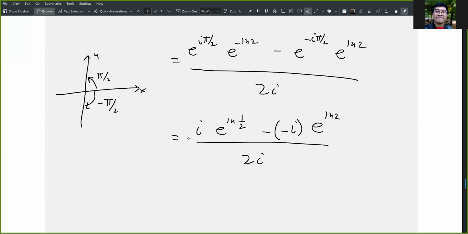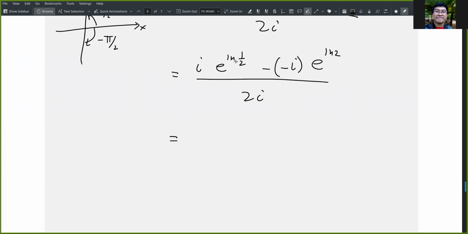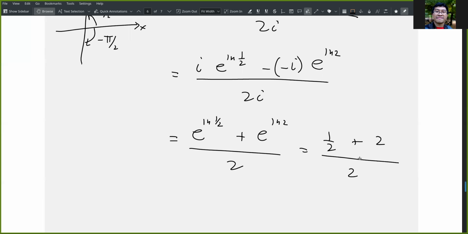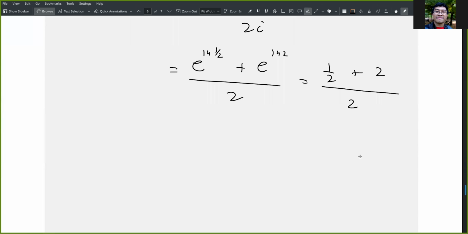The i's actually cancel. So you have e^(ln 1/2) plus e^(ln 2) over 2. E to the power of ln 1 half is actually 1 half. E to the ln 2, that's 2. 1 half plus 2, that's 2.5, or 5 over 2 divided by 2, that's 5 over 4. So that's our value for sine of π over 2 plus i ln 2.